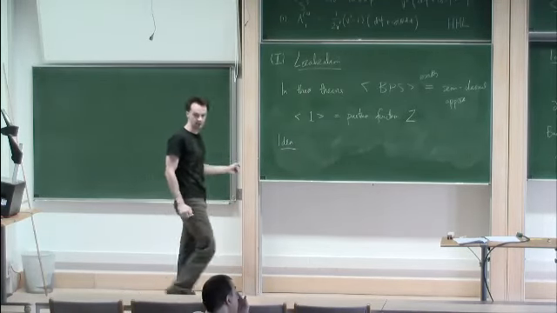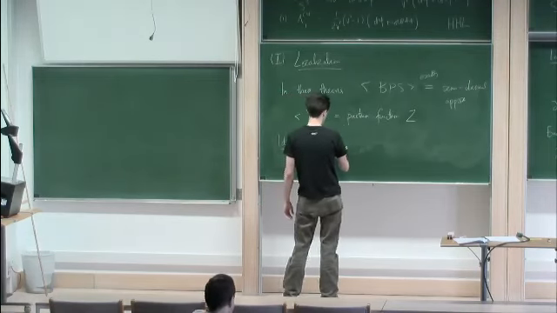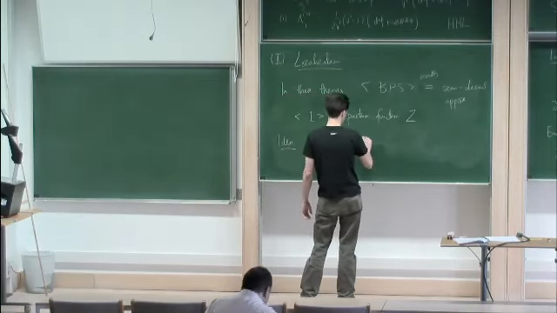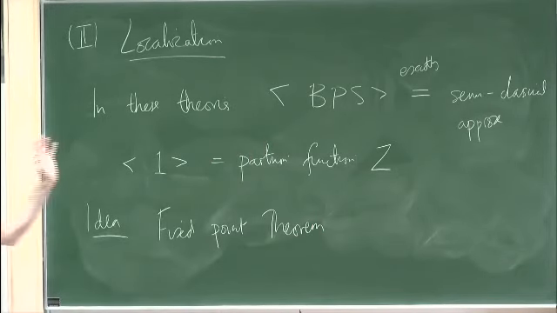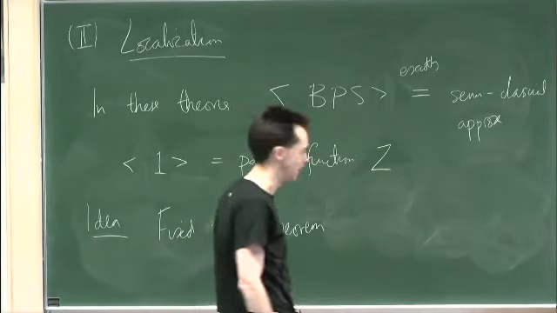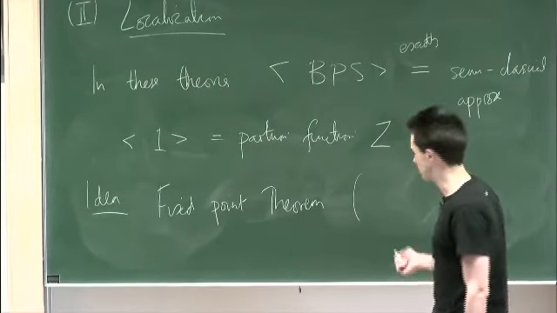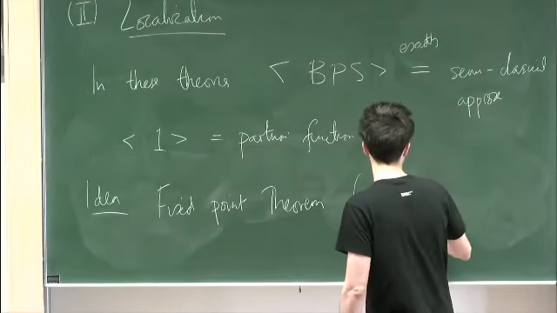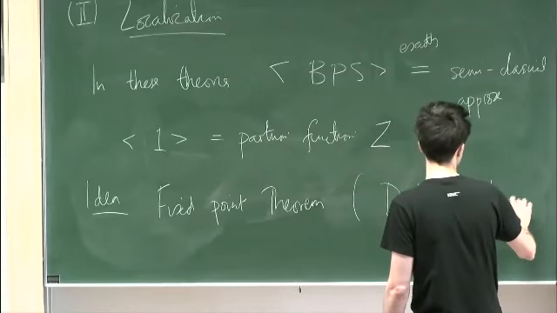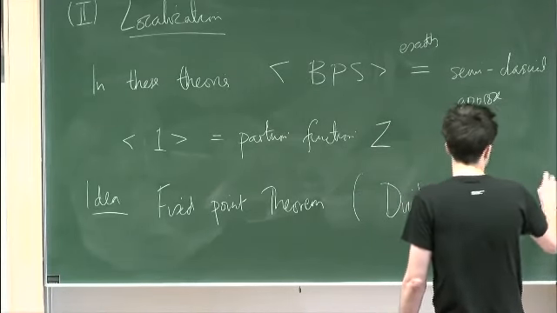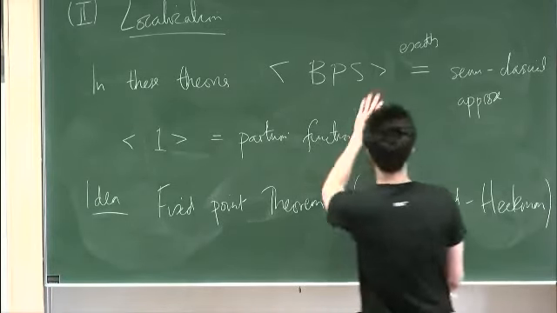Basically, this localization is a sort of fixed point theorem. At least that's how I prefer to think about it, rather than adding terms to the Lagrangian and all of that stuff. It's exactly like the Duistermaat-Heckman theorem, if you're familiar with that. This is a localization theorem in symplectic geometry, but it takes exactly the same form as this.